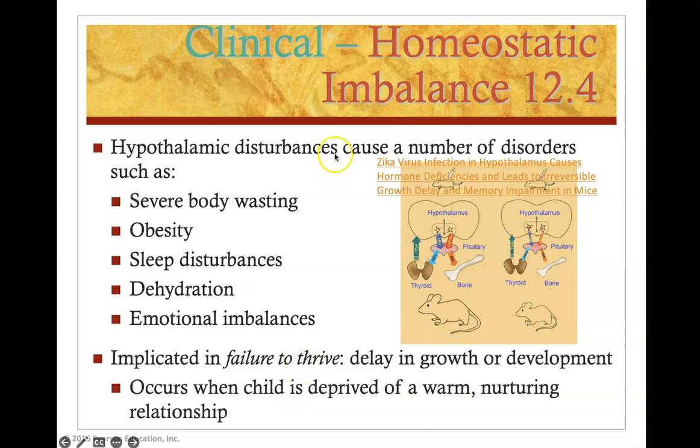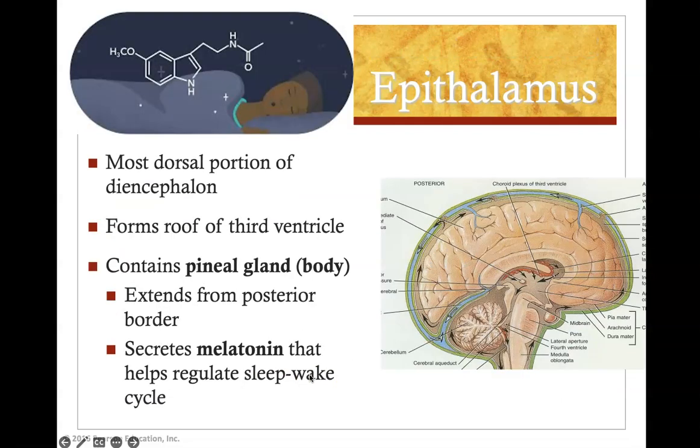They wouldn't have hunger, because that's controlled by the hypothalamus, and so they wouldn't eat very much. They had all kinds of delays in growth and development. And again, that was likely due to some dysfunction in the hypothalamus. So it's kind of interesting when you talk about the failure to thrive stories there.